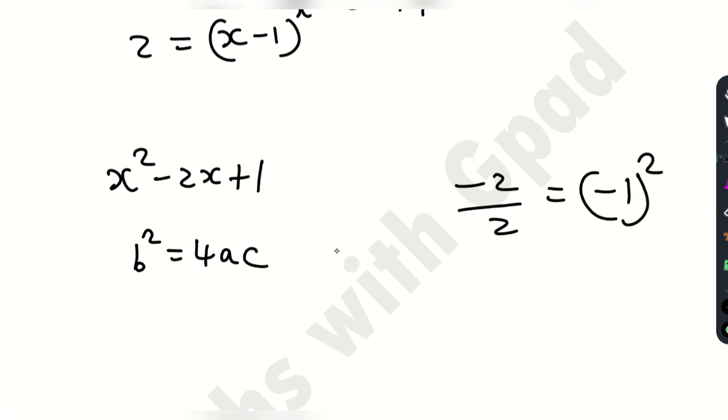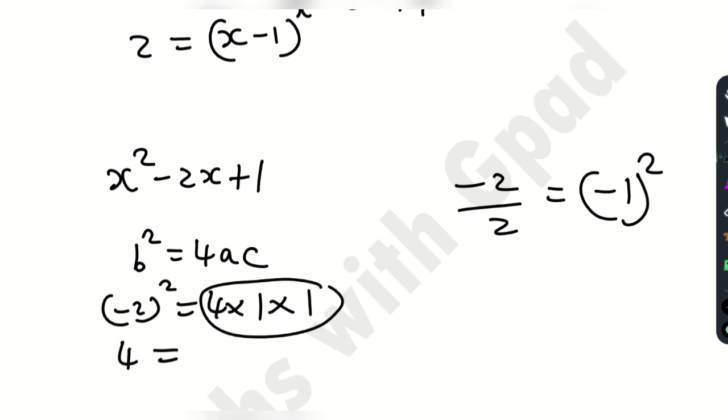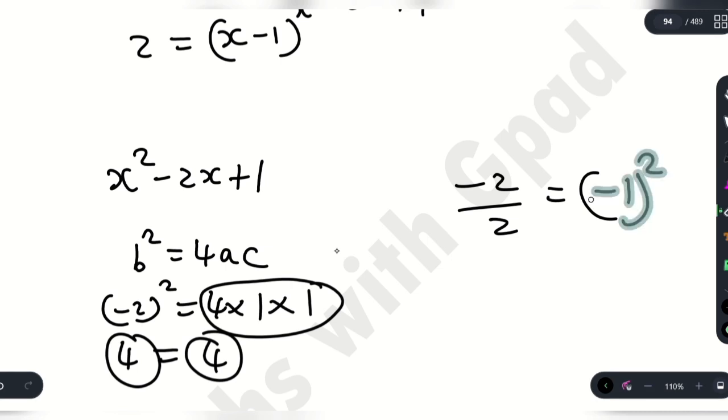What is b here? b is negative 2. So negative 2 squared is equal to 4 times a, the coefficient of x squared, that's 1, times c, the constant term, which is 1. What is negative 2 squared? 4. And what is 4 times 1 times 1? That's 4. So can you see that 4 is equal to 4? And this makes it a perfect square.